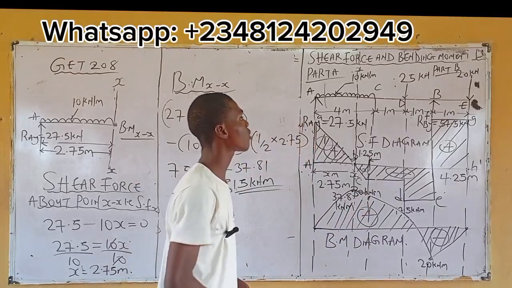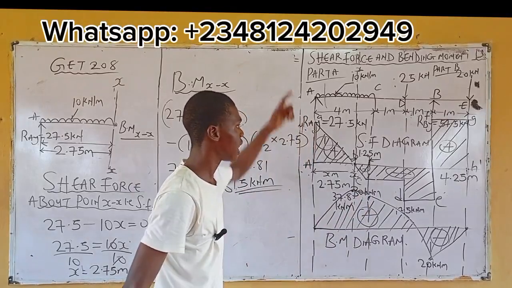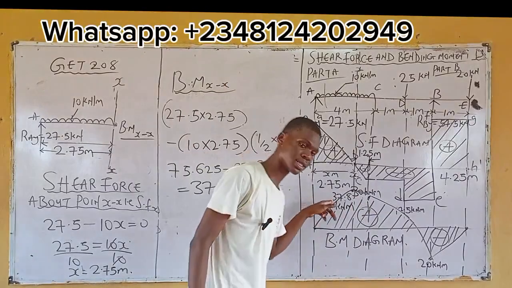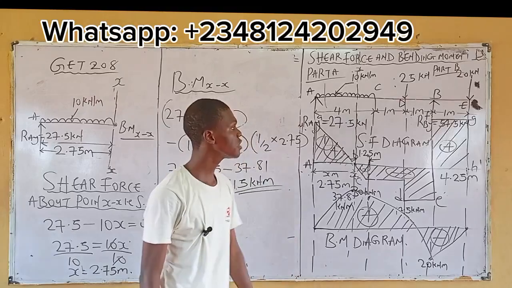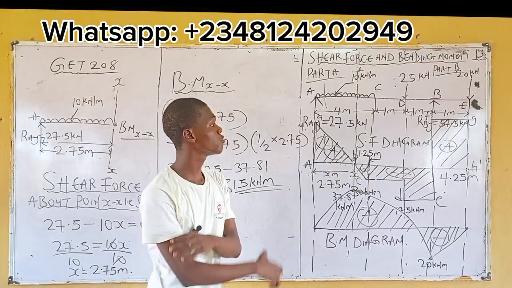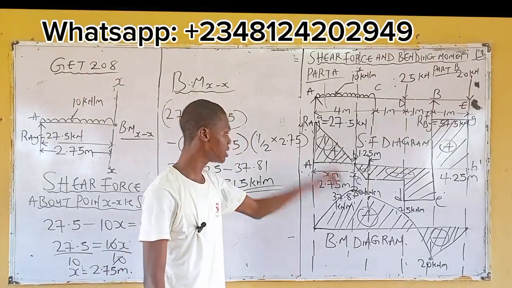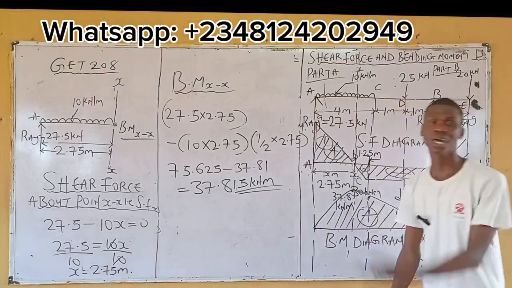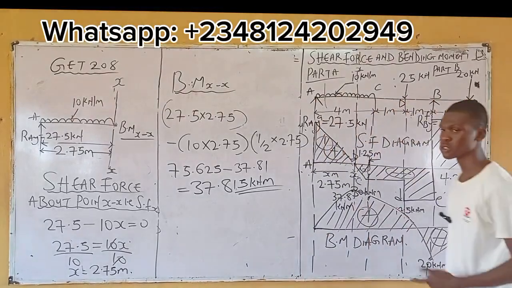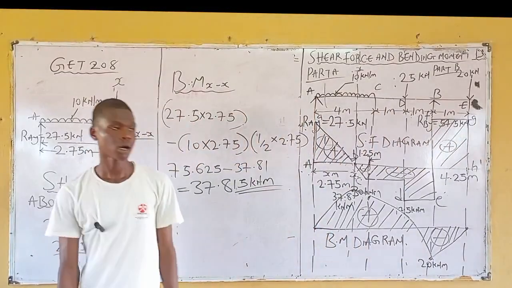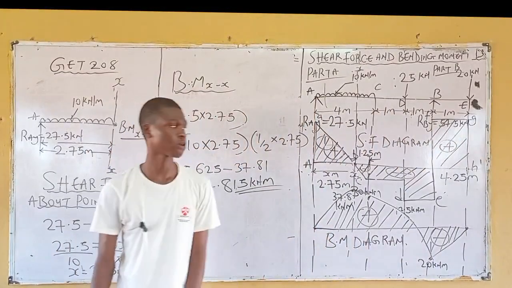Meaning that if we calculate the value of bending moment at 6.9, the value will be lesser than 37.815. If we calculate the value of bending moment at 5.5, any point of your choice, the value will be lesser than 37.815 kilonewton meter. So that's the concept behind location and value of maximum bending moment. All right, let's move to the next one, point of contraflexion.